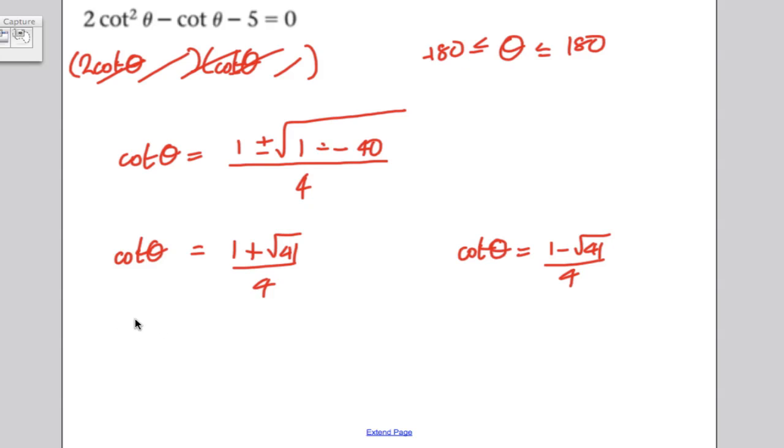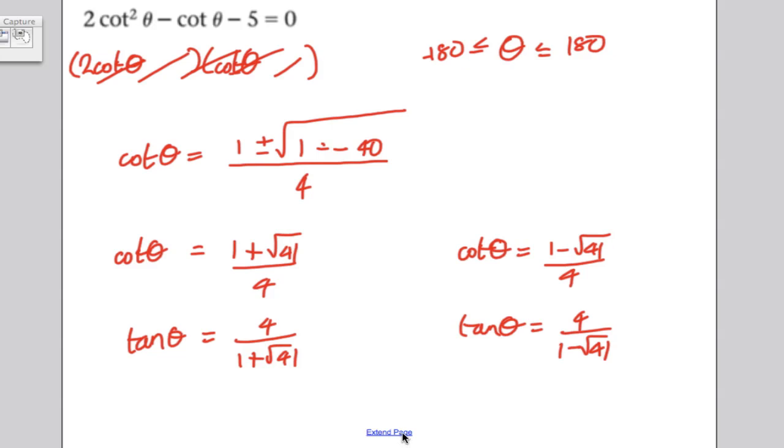Therefore, what would tan theta be? Well, tan theta would be the reciprocal of this. It would be 4 over 1 plus the square root of 41, and tan theta here would be 4 over 1 minus the square root of 41.